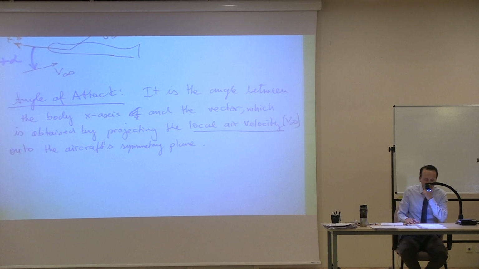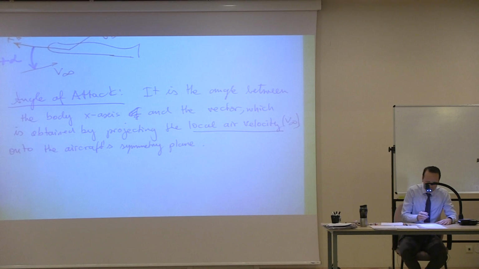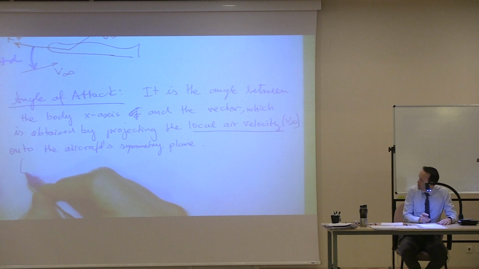It is the angle between the body x-axis and the vector which is obtained by projecting the local air velocity V infinity onto the aircraft symmetry plane, which also means rotate xw towards the symmetry axis. You might want to write that down too.